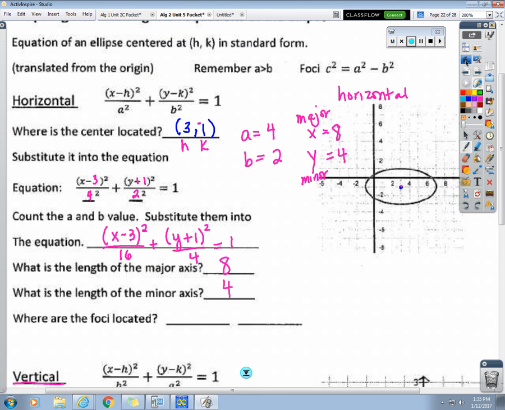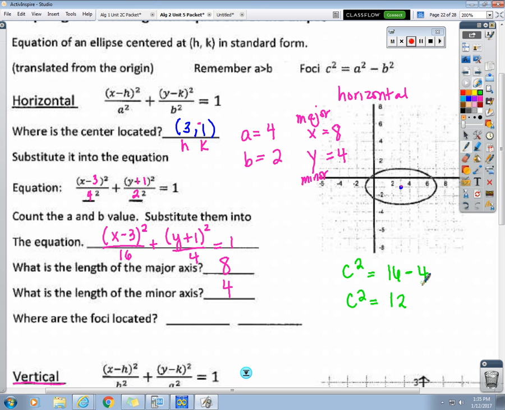Okay, the equation for foci is c squared equals a squared minus b squared. Well, we already have all the information we need to do that. The a is 4, so when you square it, you get 16, minus the b is 2. When you square it, you get 4, and so we end up with c squared equaling 12.